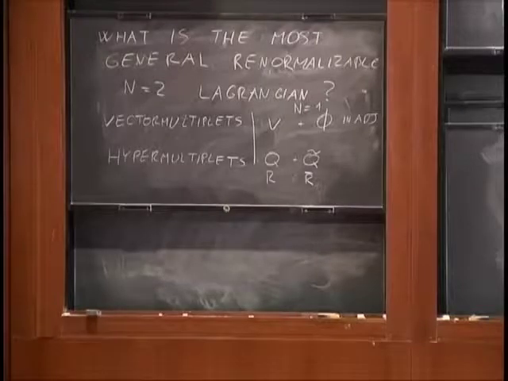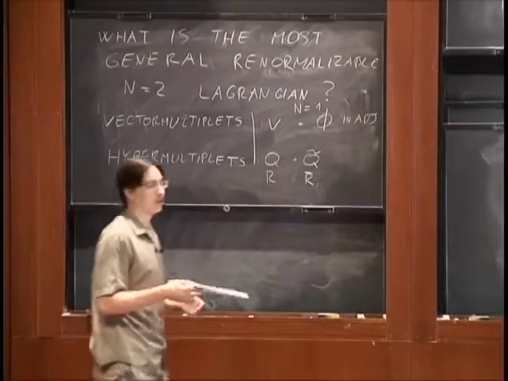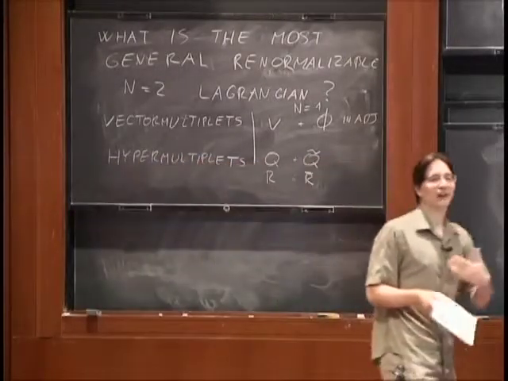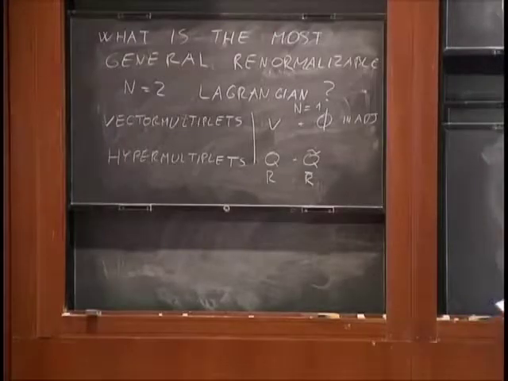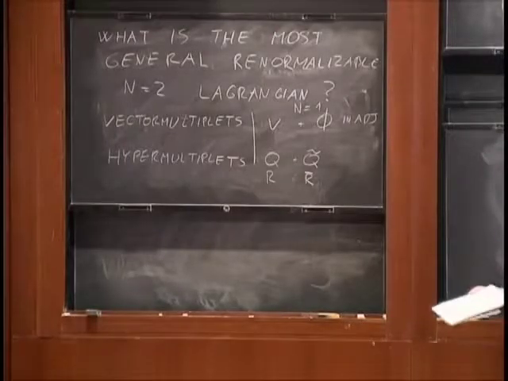And it turns out that n=2 supersymmetry constrains your Lagrangian so much that the only interactions are just supersymmetric partners of the gauge interactions.